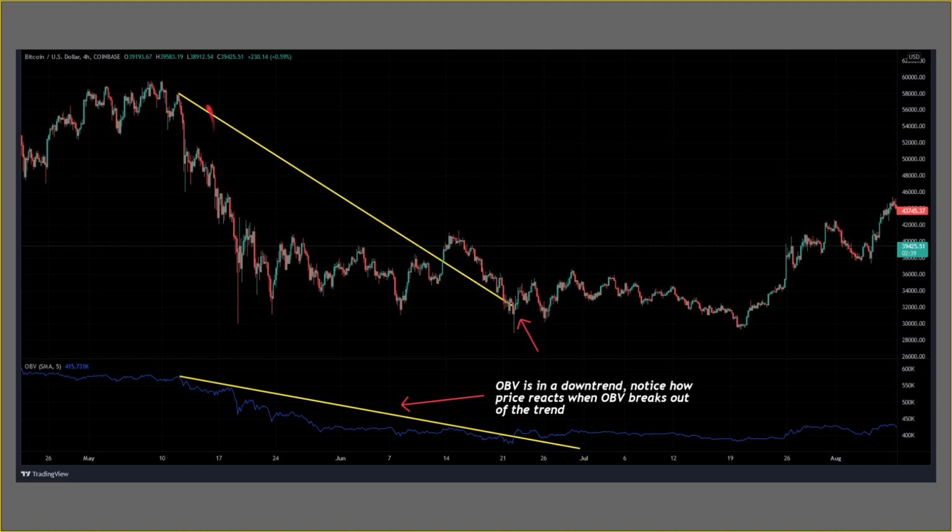Now, taking a look at the OBV, it is in a downtrend, especially after this point. We're at these elevated areas in price and overall buying volume. And then we see this trend line I drew here, and generally the trend of the OBV indicator was downward, right?